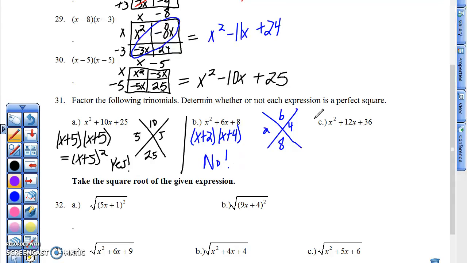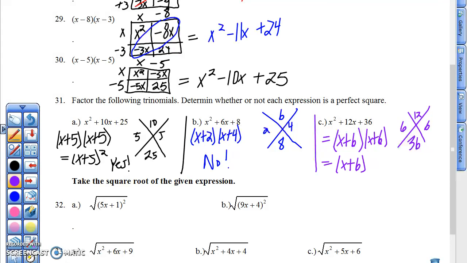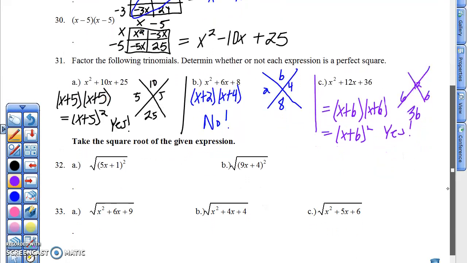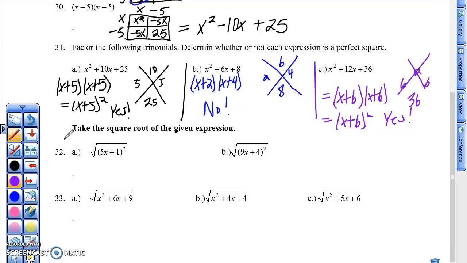And then C is x squared plus 12x plus 36, so factors of 36 that add up to 12, 6 and 6. So x plus 6 times x plus 6, which is definitely a perfect square. Last couple, take the square root of the given expression. 32, the square root of the quantity 5x plus 1 squared.